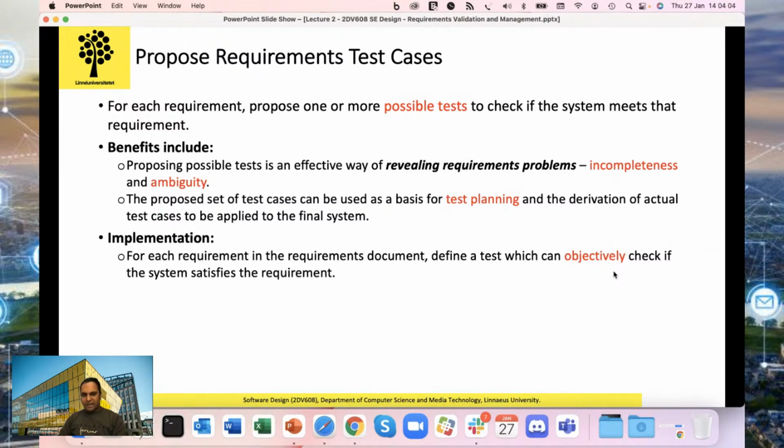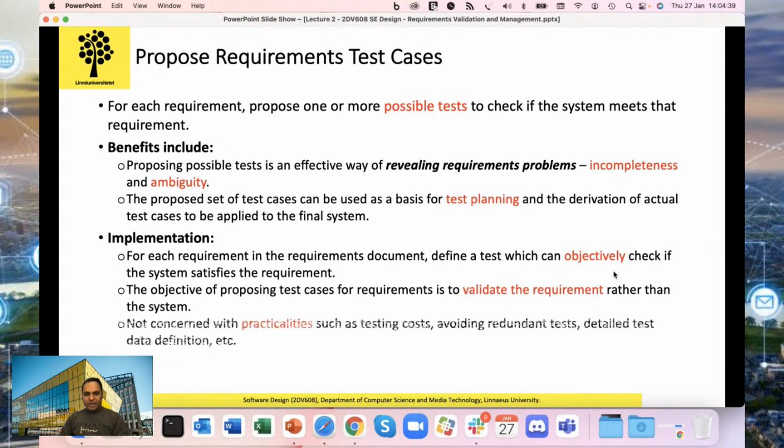One test case for this requirement could be whether the number of tries is less than or equal to 3. If it's greater than 3, the account should be blocked or the login should be disabled. This is one example of what test cases we can write from our requirements without going into detail.